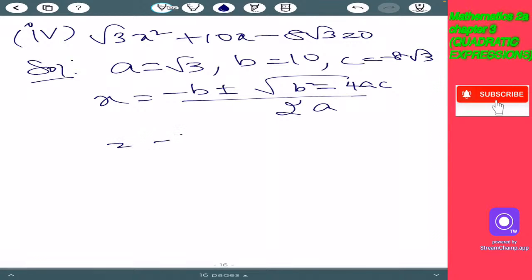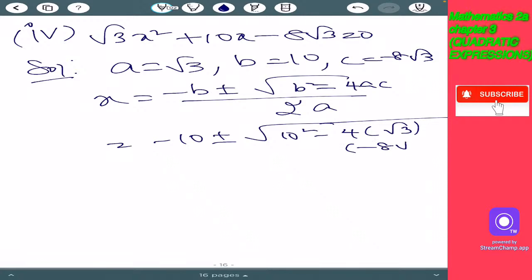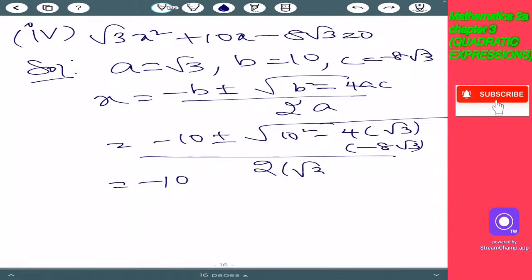So just apply that. Minus 10 plus or minus root of 10 square minus 4 into root 3 into minus 8 root 3, divided by 2a, that is 2 into root 3. So just erase that.